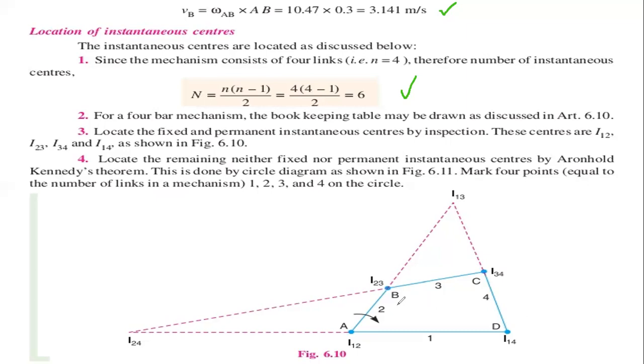For locating the fixed and permanent instantaneous centers by inspection, these centers are I12, I23, I34 and I14. So these four are the fixed and permanent instantaneous centers.